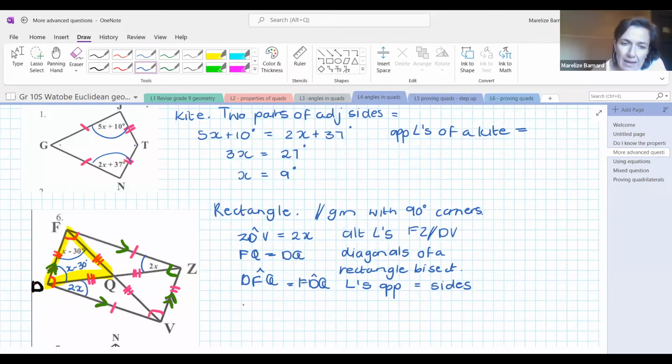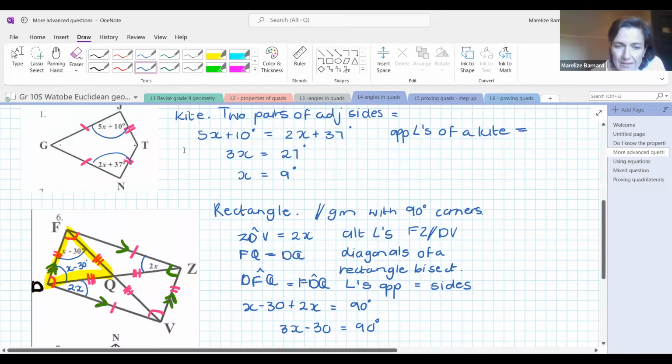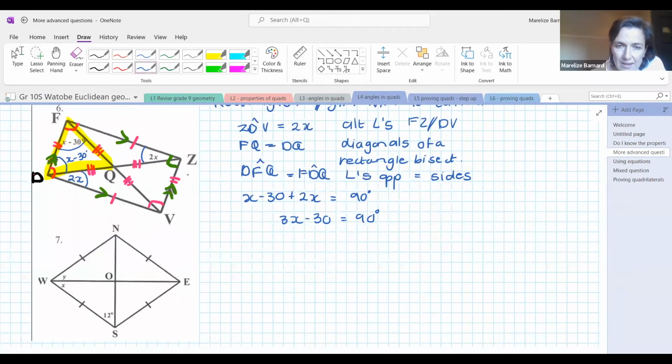And then I'm going to add x minus 30 plus 2x together, and that adds up to 90 because together they make up that corner. That's 90 degrees. So that gives me 3x minus 30 is 90. I add the 30 on both sides. That gives me 120, and then x is 40.